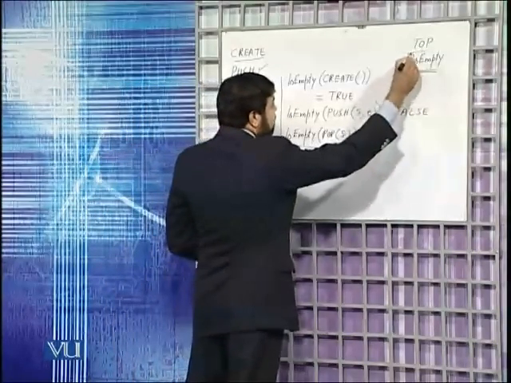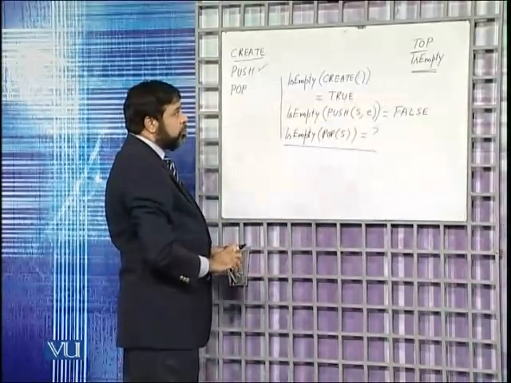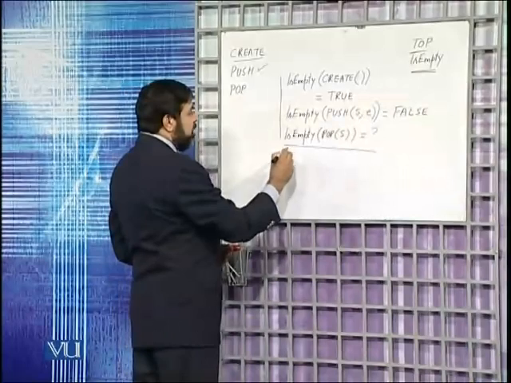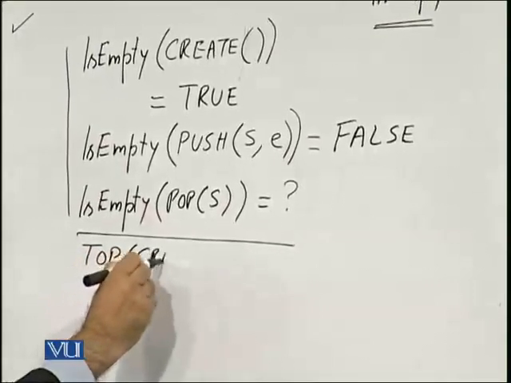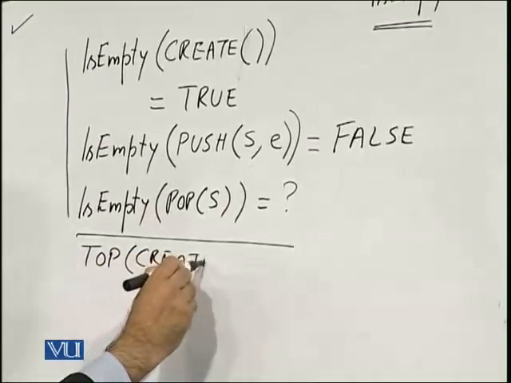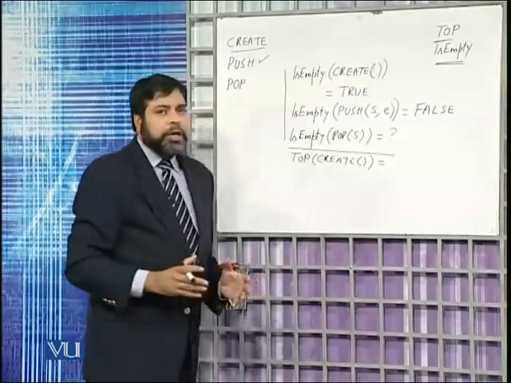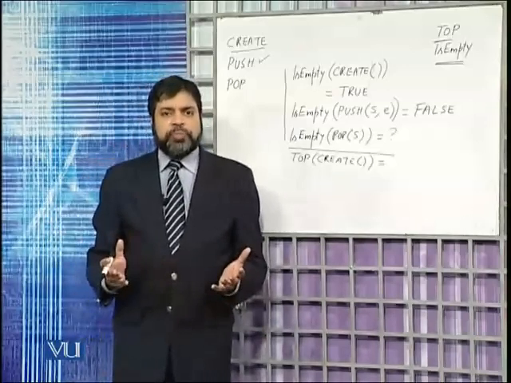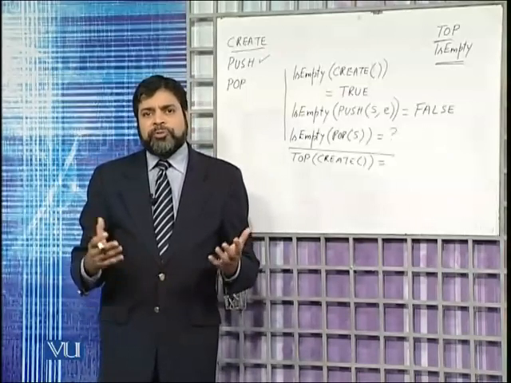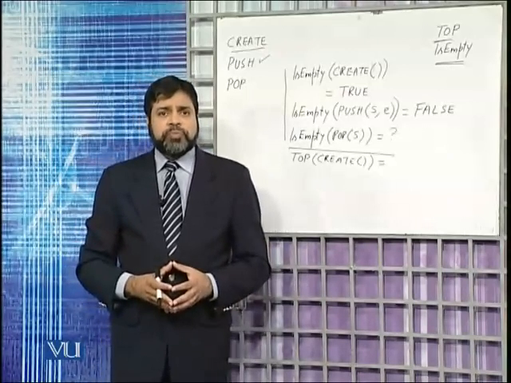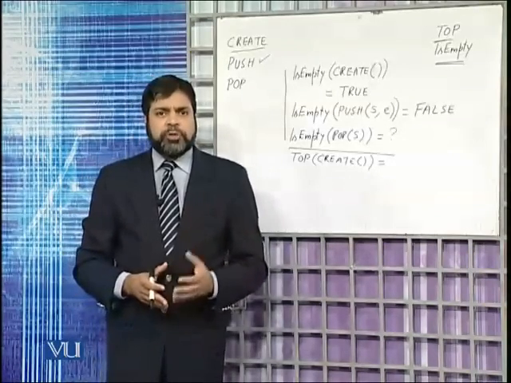So let us write this top operation and axioms for top. So we have this top here, and we are trying to write the axiom with respect to create. Now, create means that we have just created a new stack.